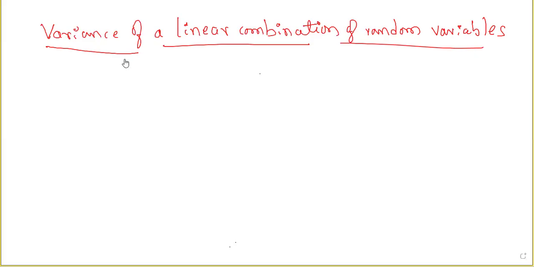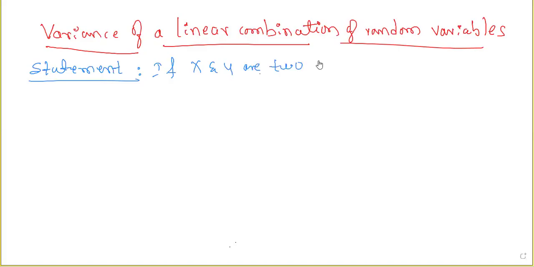So statement: if x and y are two discrete random variables, then we have two statements regarding variance.